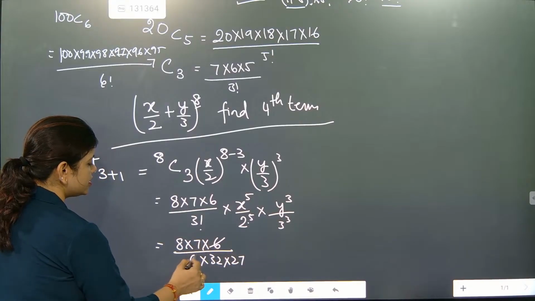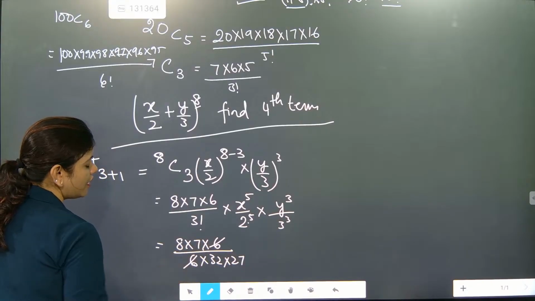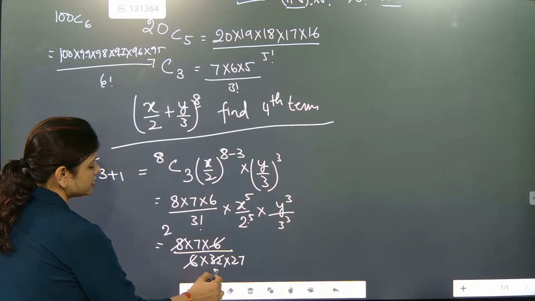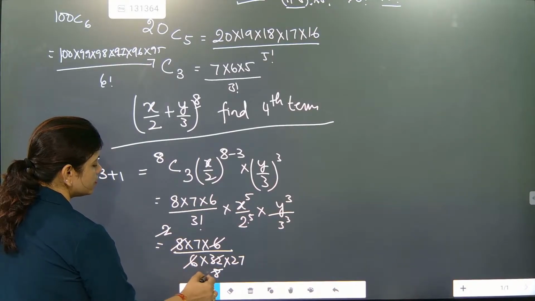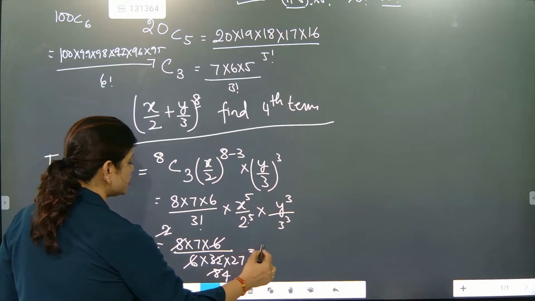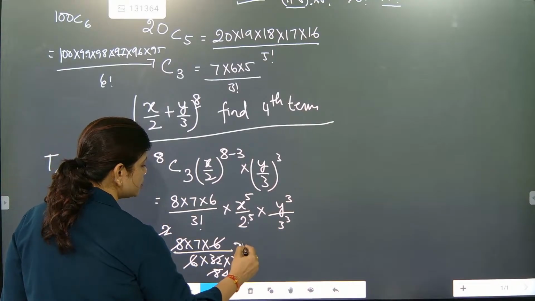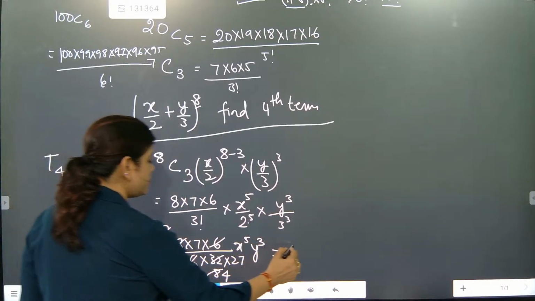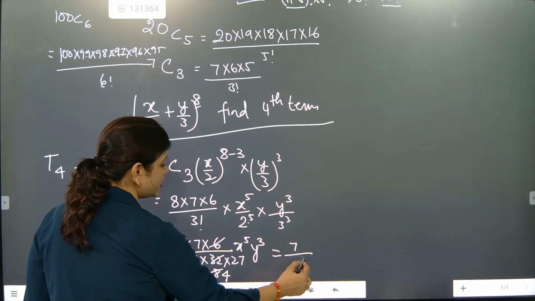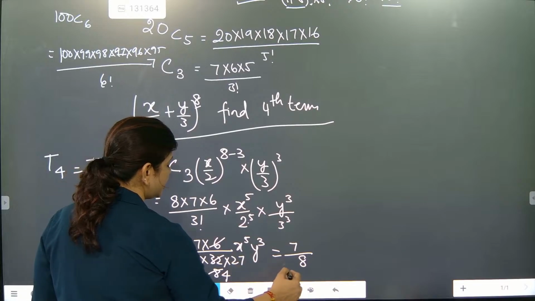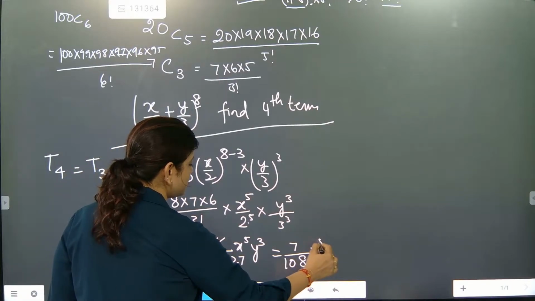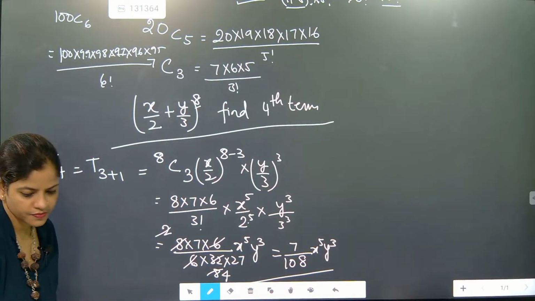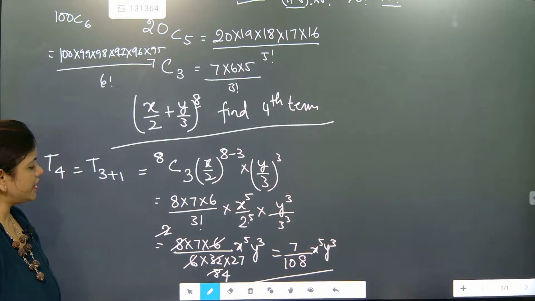So the 6 and the 6 will get cancelled. After that, 4 twos are 8, 4 eights are 32. So 2 fours are 8, and here x to the power 5, y to the power 3. So it is coming as 7 by 4, 7 fours are 28, 4 twos are 8, 9, 10, 108 by x to the power 5, y to the power 3. I am getting 7 up.